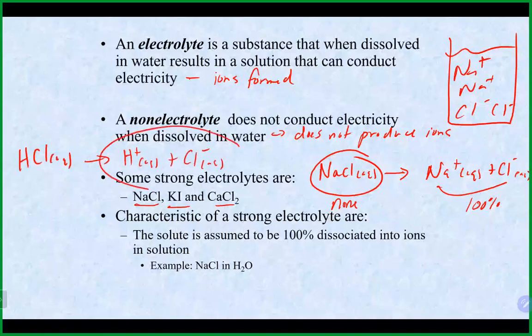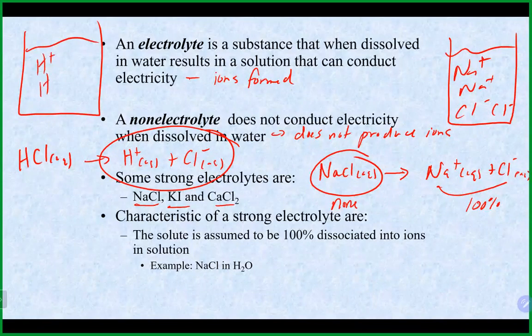So in solution, you have 100% of those ions floating around. And basically what makes something an acid is the ability to produce these H pluses. Because it will completely break apart, you have a lot of H pluses in that solution, and it's a strong acid and also a strong electrolyte.